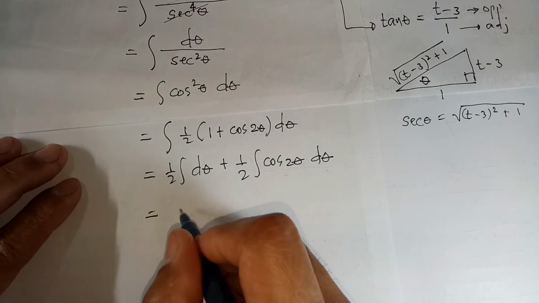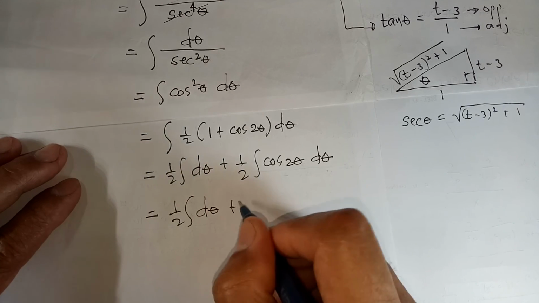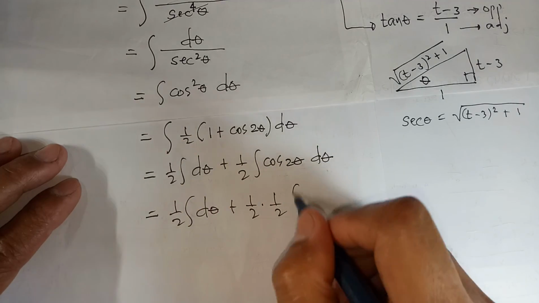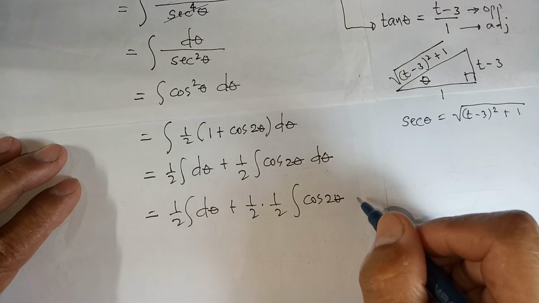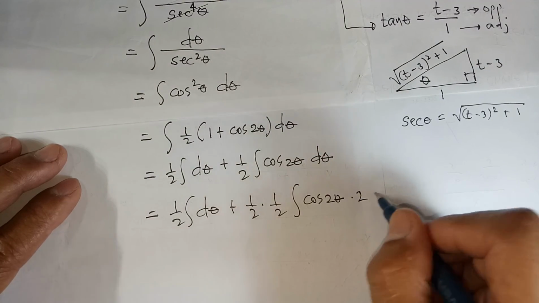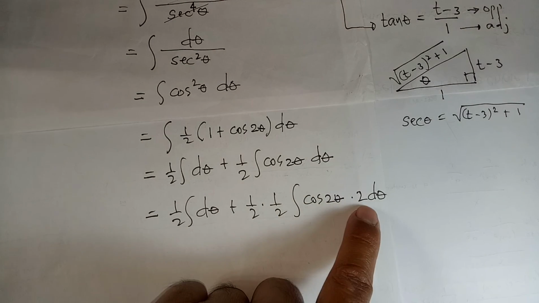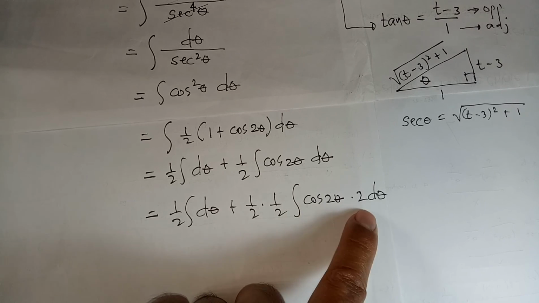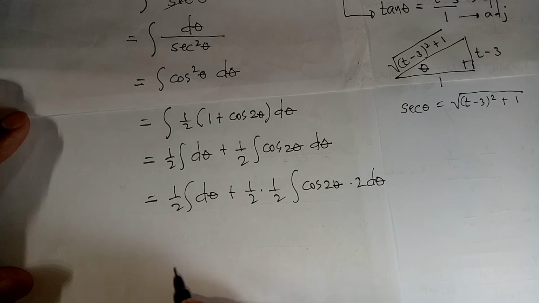So, nakaroon tayo ng 1/2 integral of d theta plus 1/2 times 1/2 integral of cosine 2 theta times 2 d theta. So, ang ginawa natin, nag-multiply tayo ng 1/2 at ng 2 para yung cosine 2 theta, 2 d theta ay maging integrable.